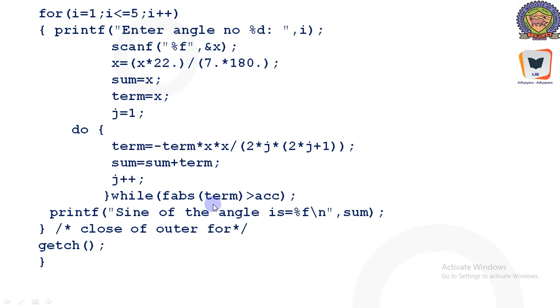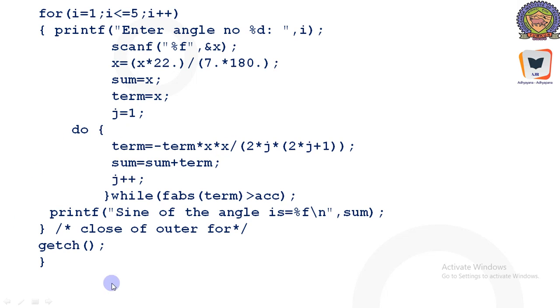Okay, FABS absolute, because one time it is negative, one time it is positive. Anyway it is the term value which is adding or negating at a point of time for a particular term, and this value will essentially become somewhere in the series lesser than accuracy level.